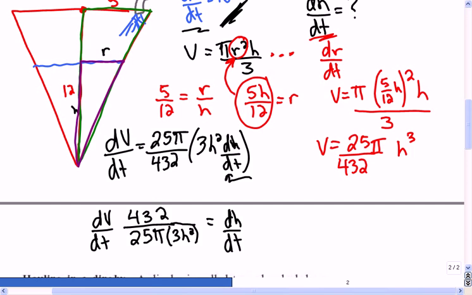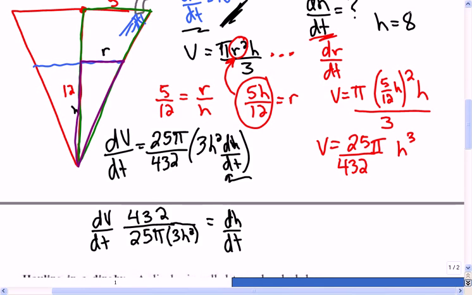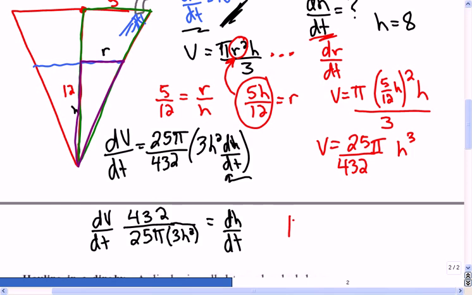And it tells me in the problem that h equals 8 feet at that instant, and I know the change in volume is 10. So I can put everything in, and it'll give me 10 for dV/dt times 432 over 25 pi times 3 times 8 squared. And with a little bit of help from the calculator, we can then tell you how fast that water is rising.